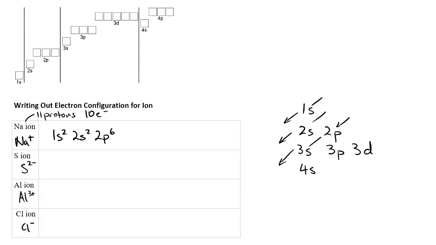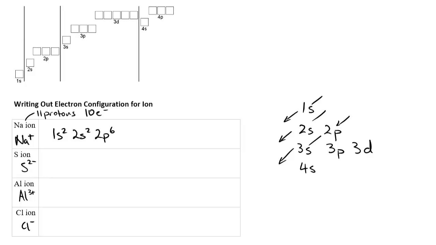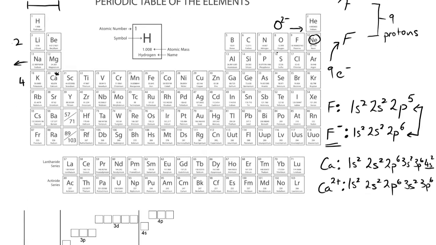Okay, so going to sulfide here, if I just look at the periodic table again, sulfur is number 16, so it has 16 protons, but remember sulfur is a nonmetal and it will try to gain 2 electrons to become more like argon in terms of its electron configuration, so it will gain 2 electrons in addition.